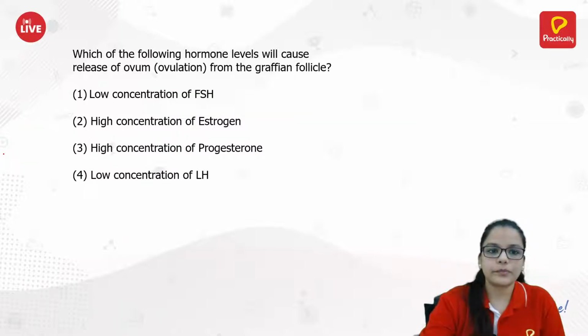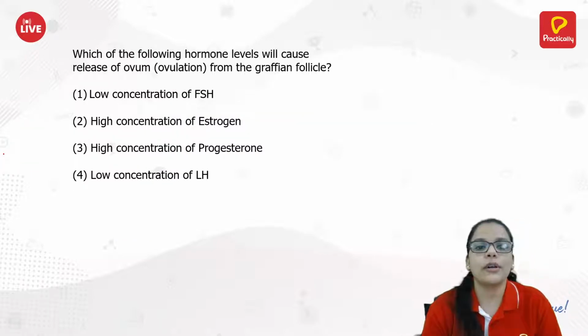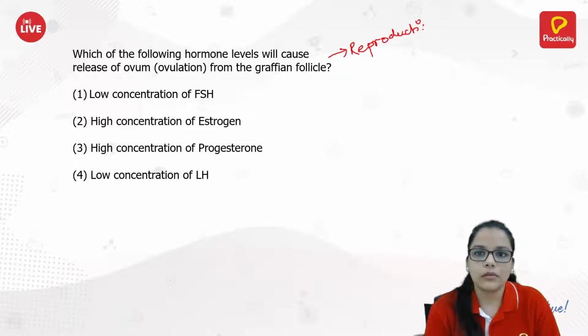Next, which of the following hormone levels will cause release of ovum or ovulation from Graafian follicle? This is reproduction. Low concentration of FSH, follicle stimulating hormone, no. High concentration of FSH is required.